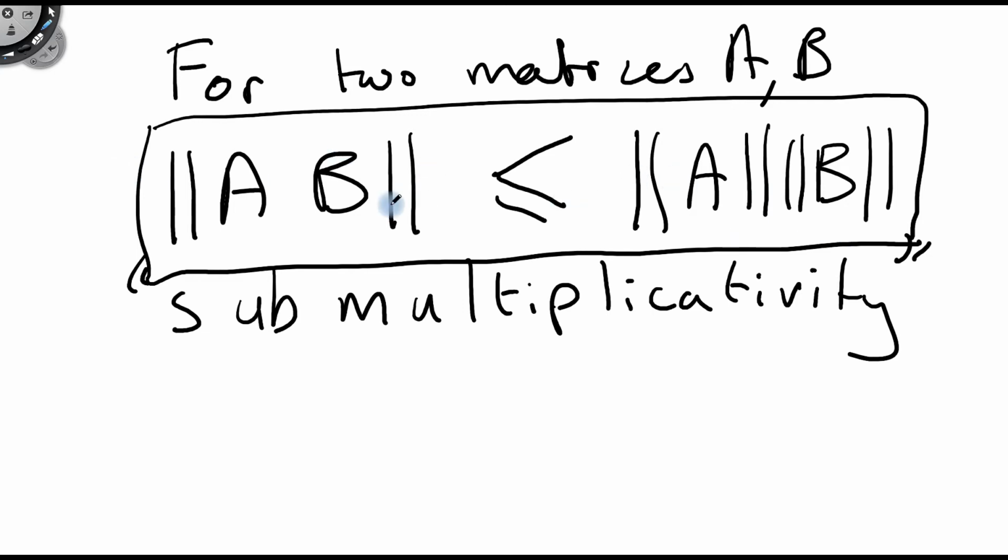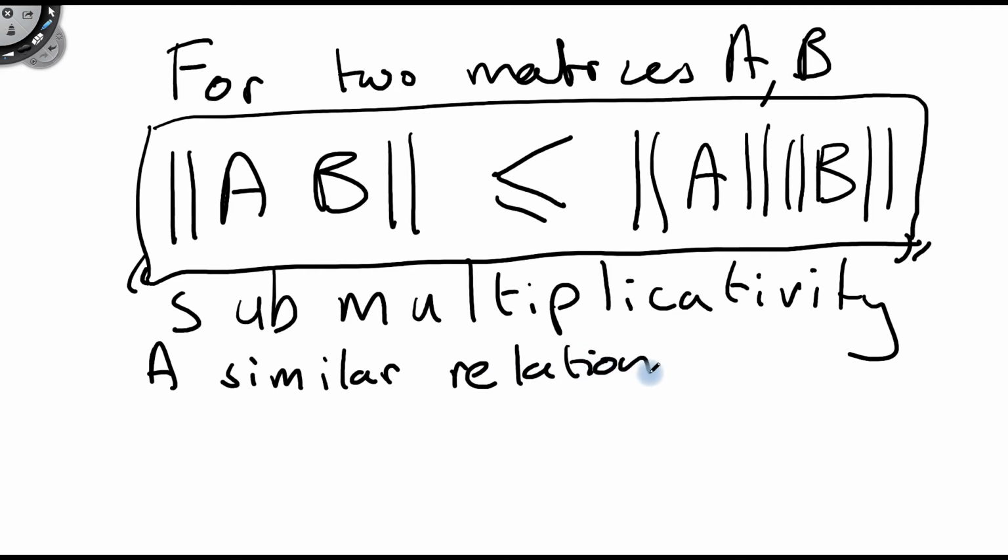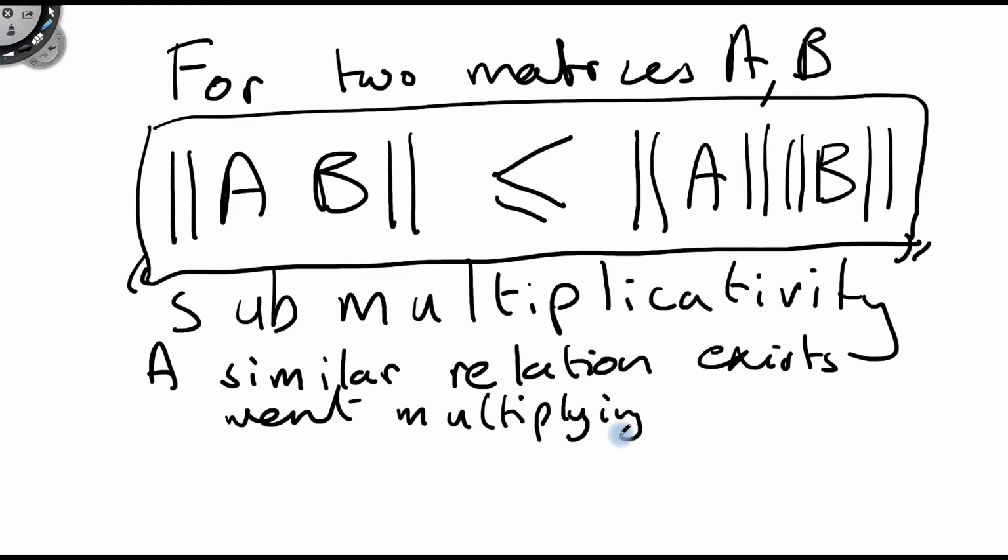And a similar relation exists when multiplying a matrix and a vector.